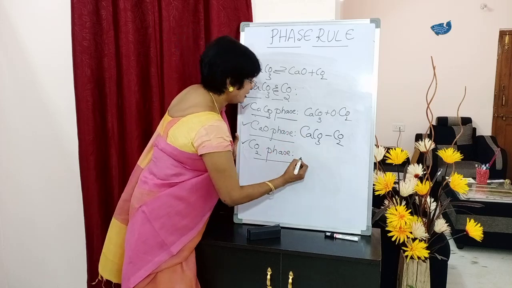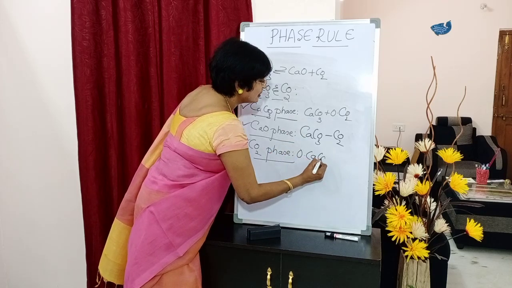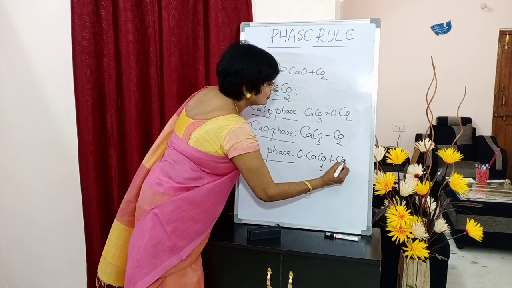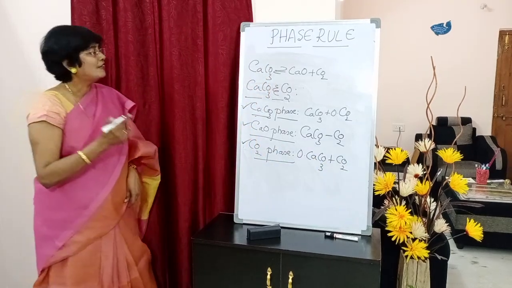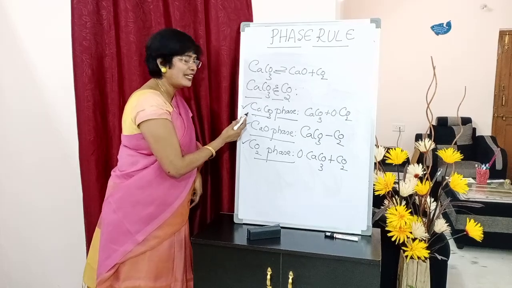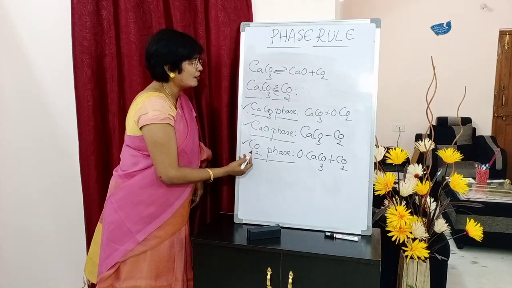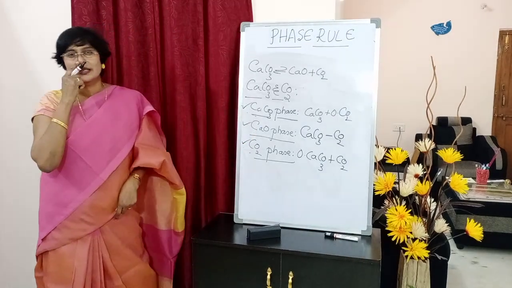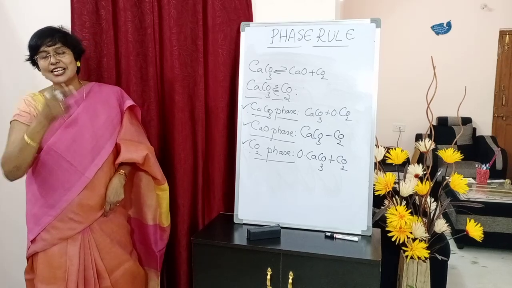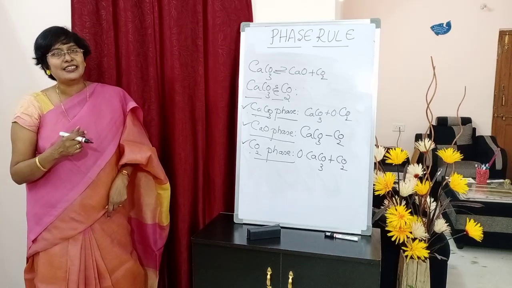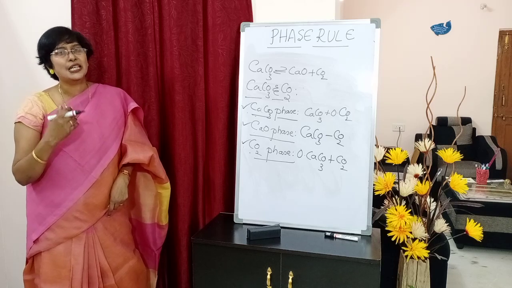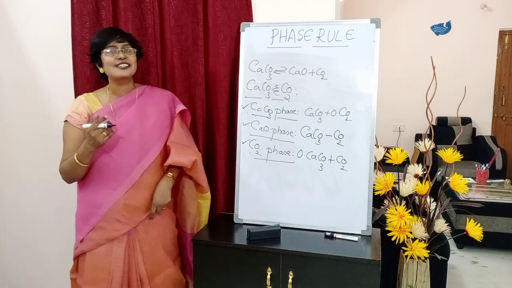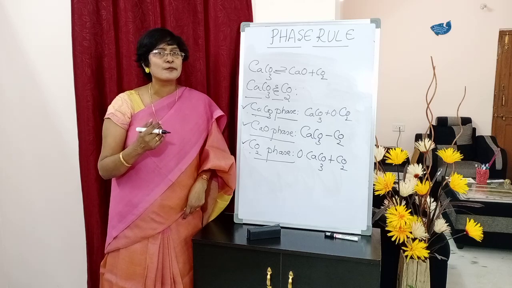CO2 like this, 0 into CaCO3 plus CO2 gives you CO2. Therefore, we could explain calcium carbonate, calcium oxide and CO2 taking these two chemicals. One more set of chemicals also we can take to explain the composition of all the 3 phases. What are they students? What are the remaining ones?